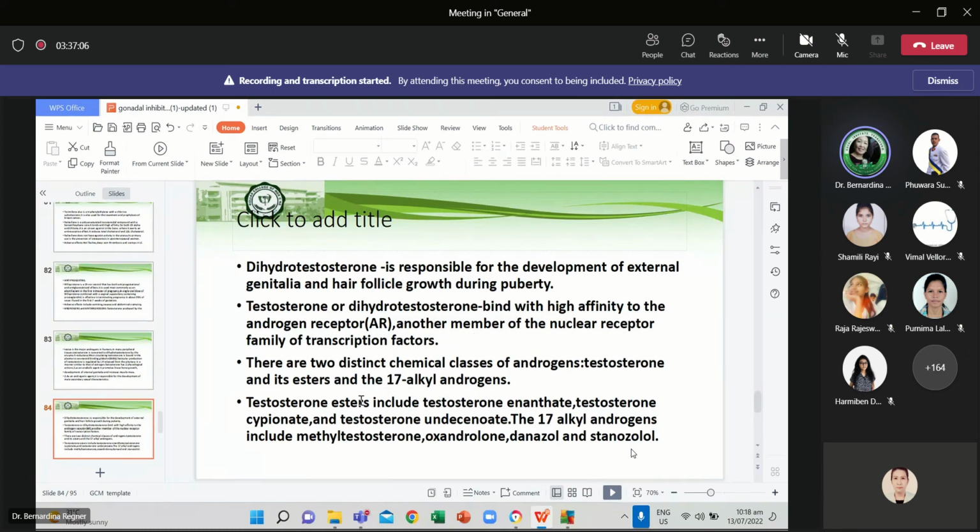Testosterone esters include testosterone enanthate, testosterone cypionate, and testosterone undecanoate. The 17-alkyl androgens include methyltestosterone, oxandrolone, danazol, and stanozolol. I know you have met this word danazol, so try to classify this. Okay?